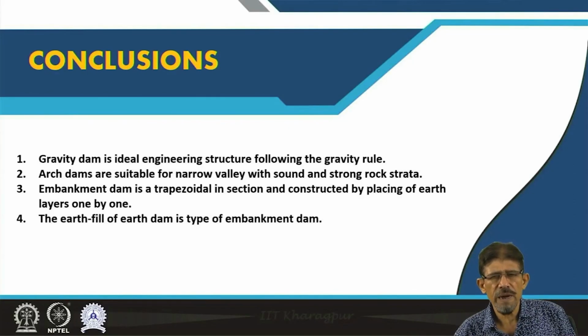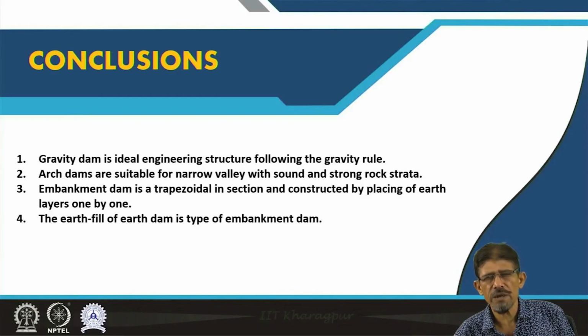We can summarize based on our discussions. Gravity dam is an ideal engineered structure, which follows the principle of gravity. Arch dams are suitable for narrow valleys with sound and strong rock strata of good category.